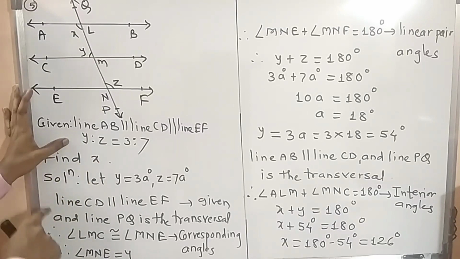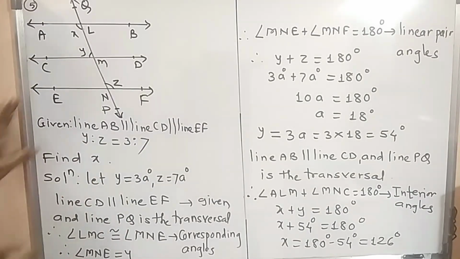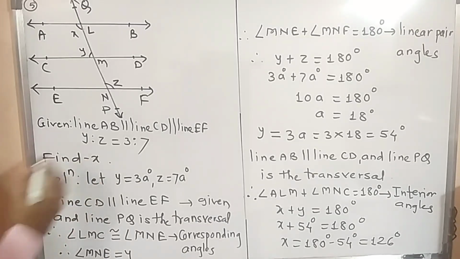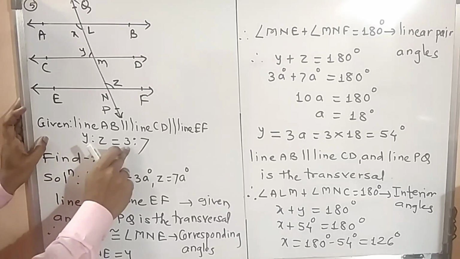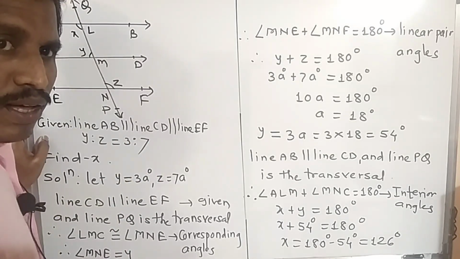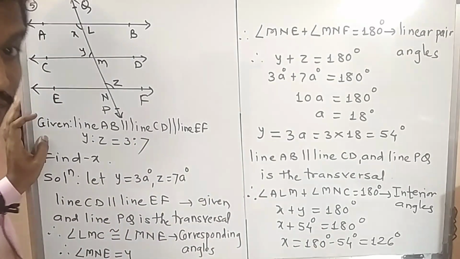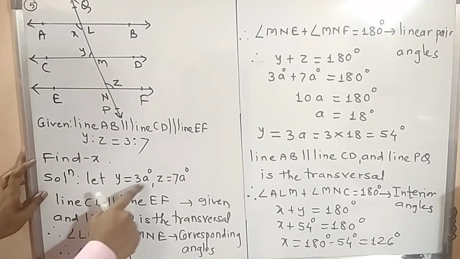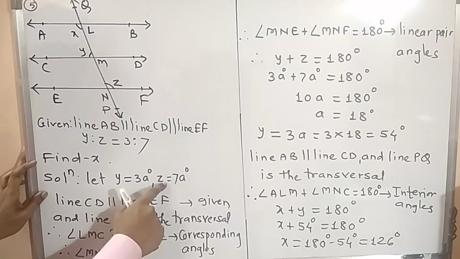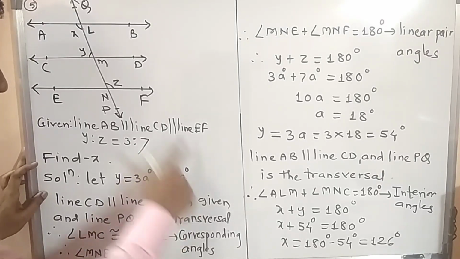Y is to Z, the ratio is 3:7. I have to find X. Now since the ratio is given, Y is to Z is 3:7. We assume a common multiple. Let the common multiple be A, and therefore let Y be equal to 3A degrees and Z be equal to 7A degrees.